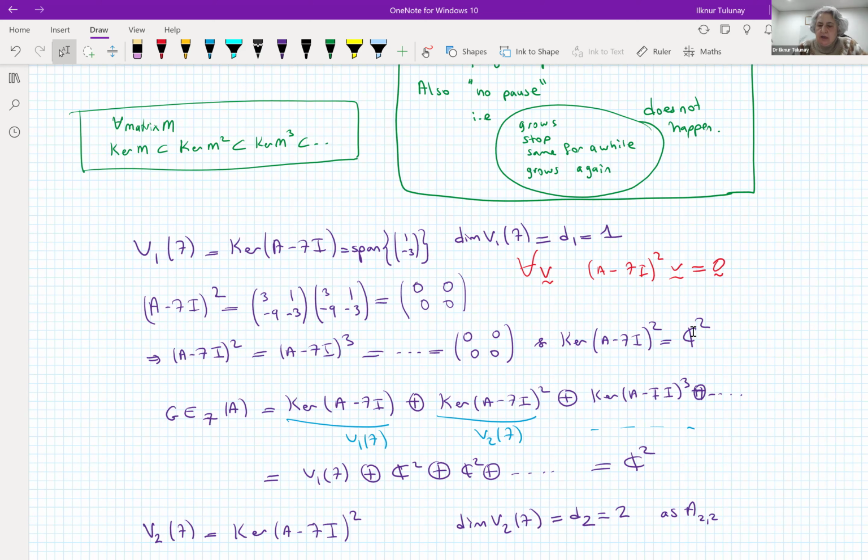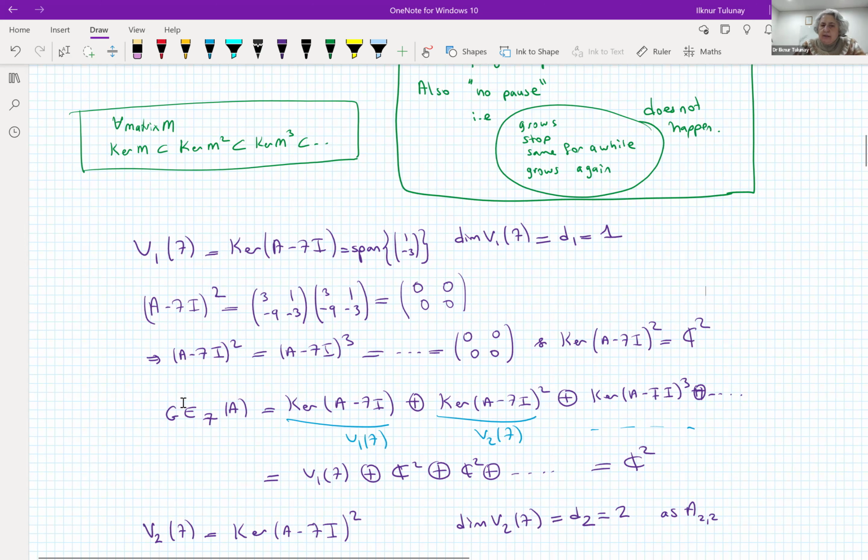The key idea is that the complex numbers are algebraically closed. All the roots of a polynomial are inside the complex numbers. So this is why we are thinking of the matrix over the complex numbers. So these are complex vector spaces, and this one needs to be the whole space.